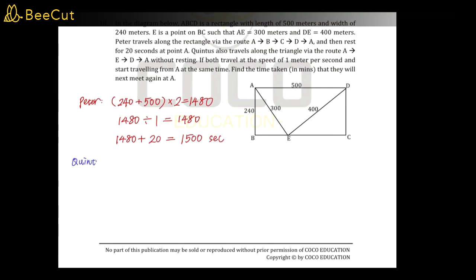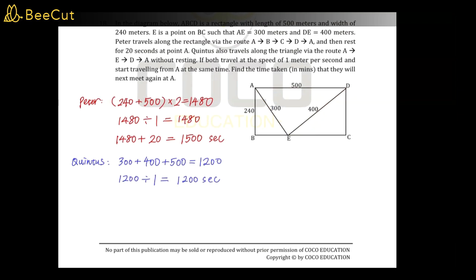Now, for Quintus, he traveled via this route. This is 300 plus 400 plus 500. This is 1200. So the speed is the same, 1 meter per second. This takes 1200 seconds.